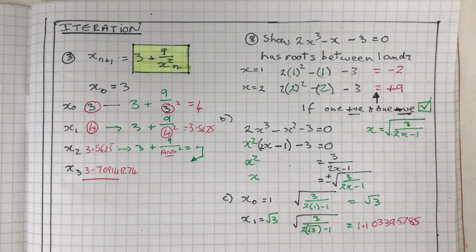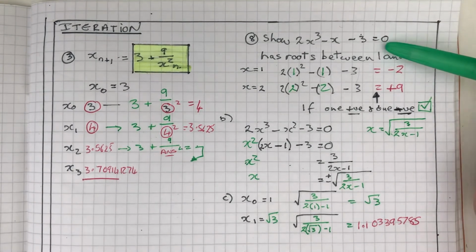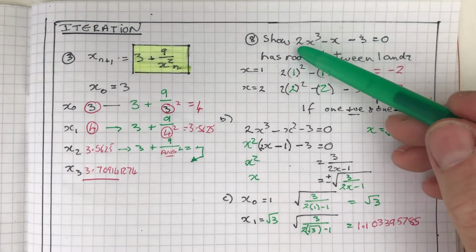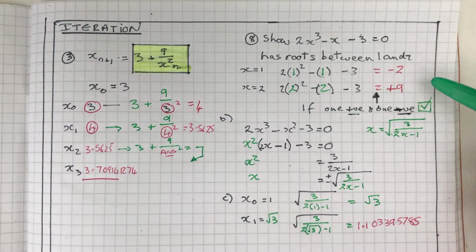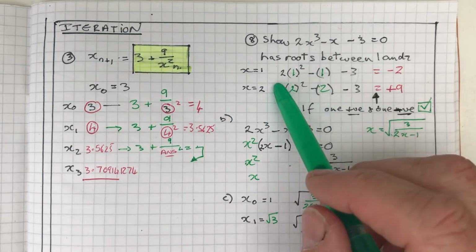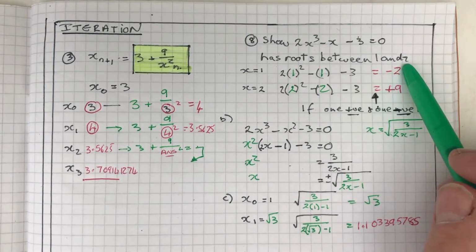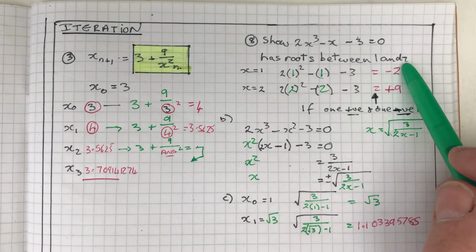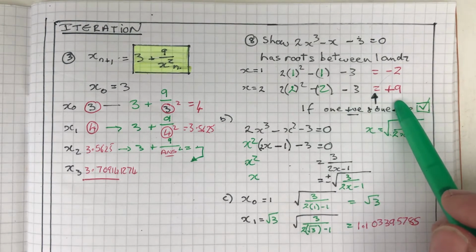There are a second kind of questions, which is question 8. Question 8 starts with show 2x cubed minus x minus 3 equals 0. Well, if this was an equation, i.e. y equals 2x cubed minus x minus 3, if I substitute the number 1 in, I get the answer minus 2. If I substitute x equals 2 in, I get the answer plus 9.